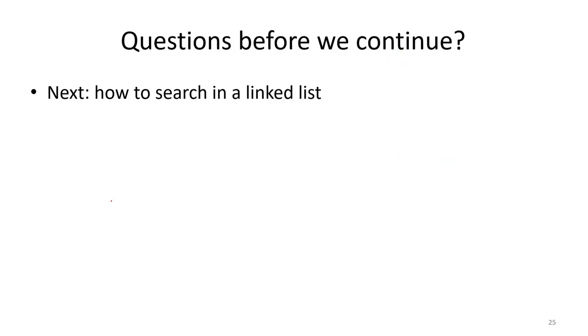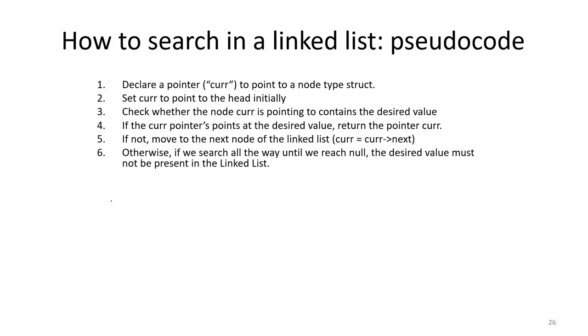Okay, let's now cover how to search in a linked list. One of the best ways to learn how to search in a linked list is to draw pictures and walk through the process.